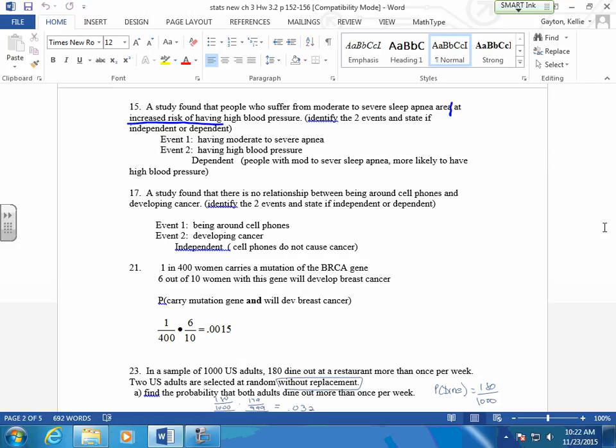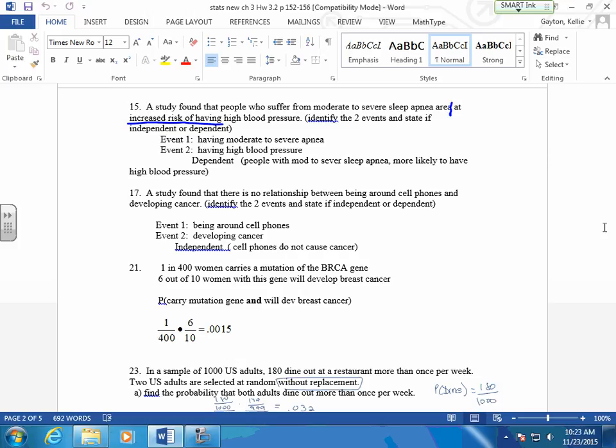Are there other factors? Yes. But the fact that if you have moderate to severe sleep apnea, it raises your chance of having high blood pressure. So they're looking for you to separate it into two things that are happening, two events, and then to state if they're possible to be related.